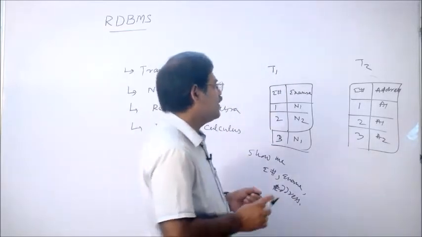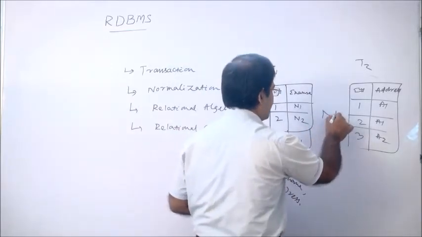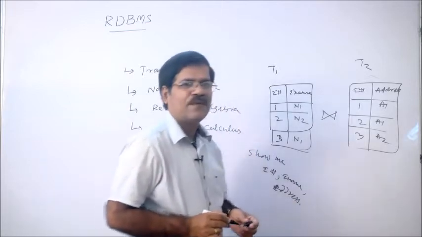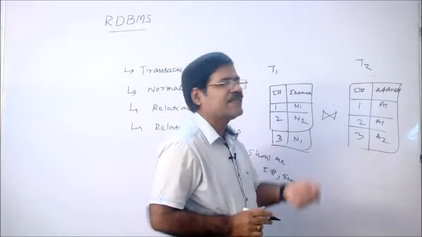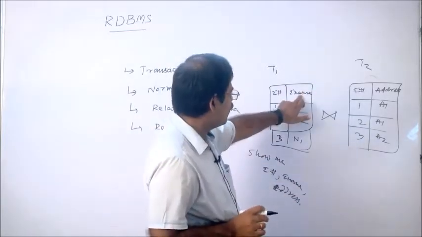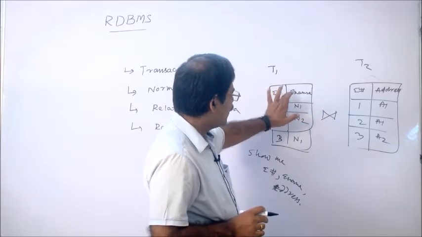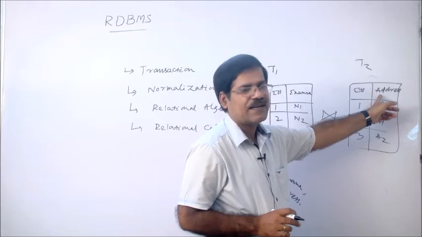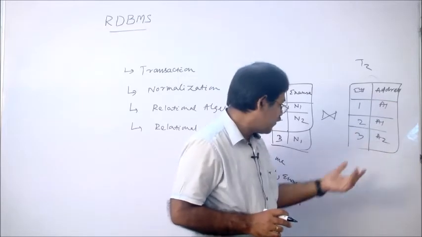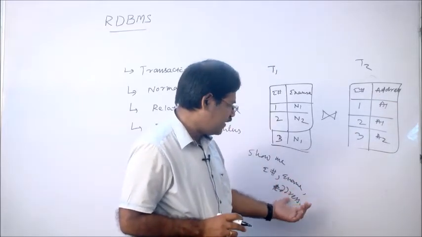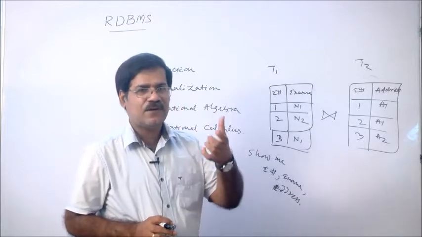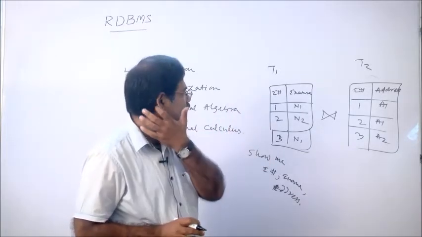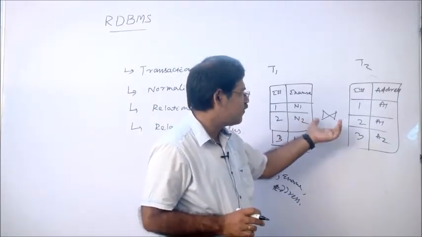A join must be required; without joining, you cannot fetch the data. This table shows only employee number and name. That table displays the employee number with its address. But my requirement is employee number, employee name with address, in a single table, in row format. That means you have to join the tables.